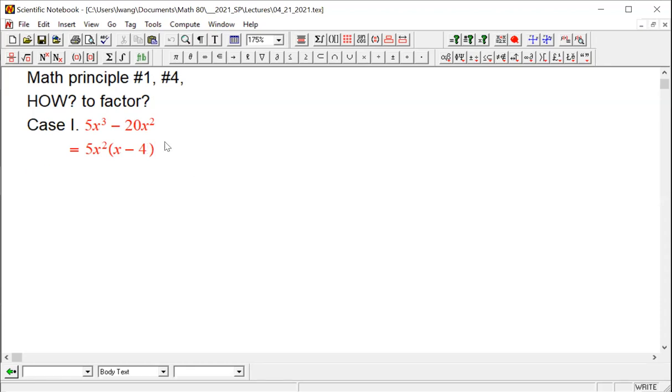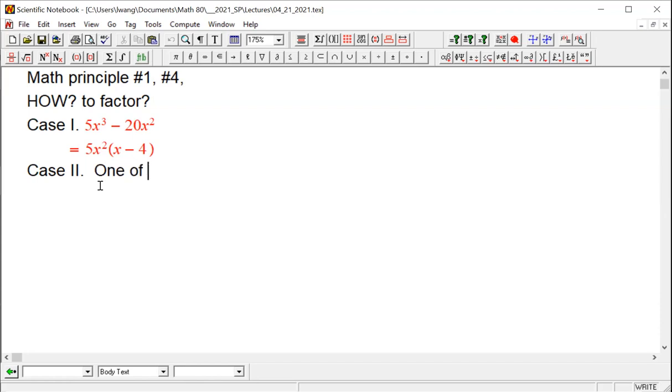The second case is a big category. You can have 3 terms of anything and find common factors, the greatest common factors.